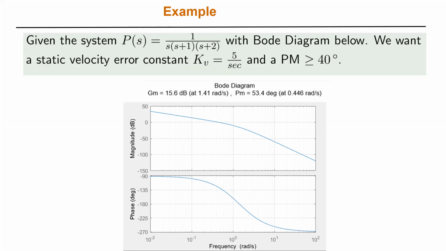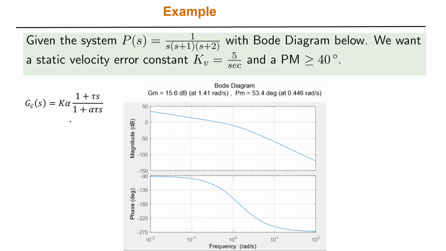Look at this system. The gain margin is 15 and the phase margin is 53. But let's see, is this system satisfying the steady state error? Since we are going to insert, there is no K in here, but let's use the K of the compensator. Remember the compensator, this is the formula for the compensator.